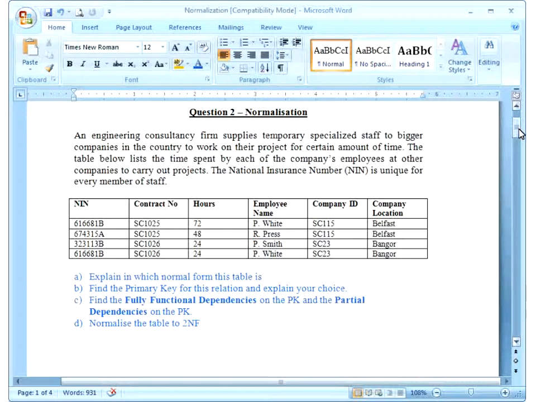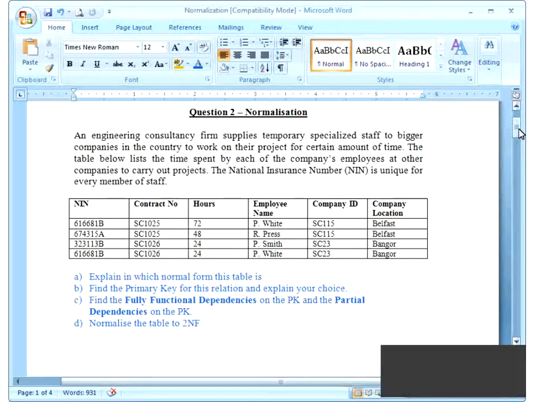The most important thing that each one of you should know is how to make an entity relationship diagram. You may be given a scenario and asked to make an entity relationship diagram, and the other thing is to normalize it.